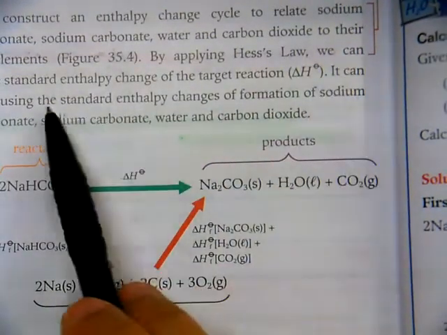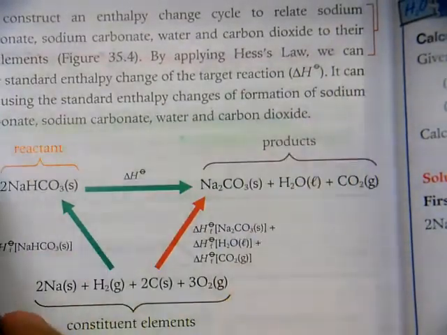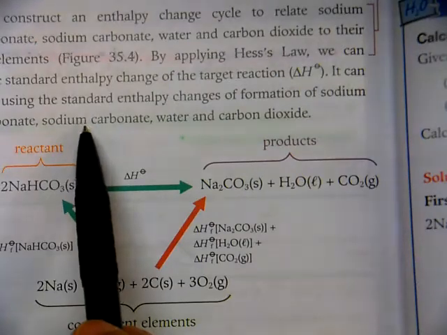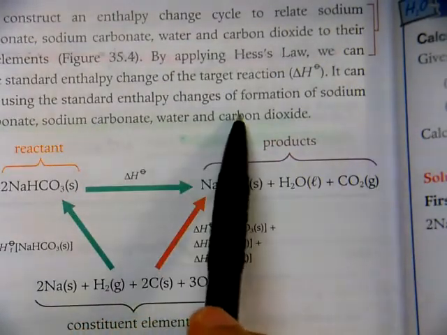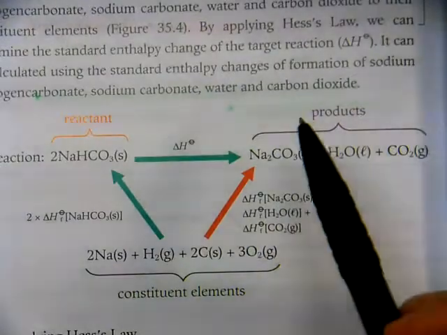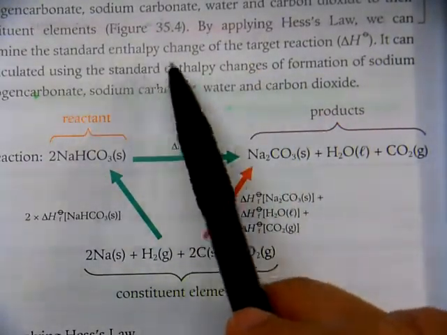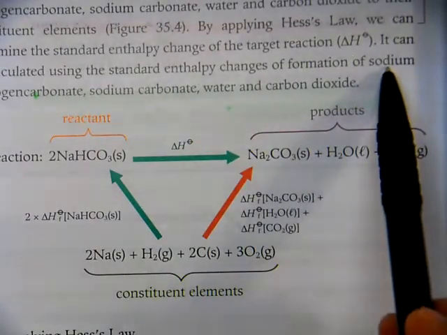All the data given are standard enthalpy changes of formations of sodium hydrogen carbonate, sodium carbonate, water, and carbon dioxide. Now, first of all, you are required to recall your memory. What are the definitions of the standard enthalpy changes of formation of different substances?